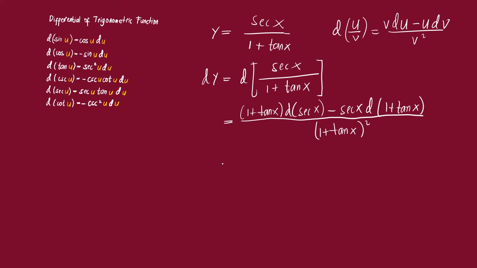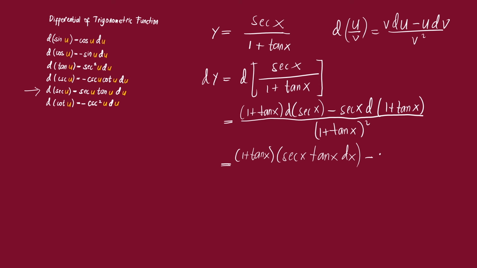Okay, so this is equal to, you just copy 1 plus tangent x. So, I'll just copy this one. Now, differential of secant x, you have here the formula for secant u, that is equal to secant u tangent u du. So, this will be secant x tangent x dx. Yan.